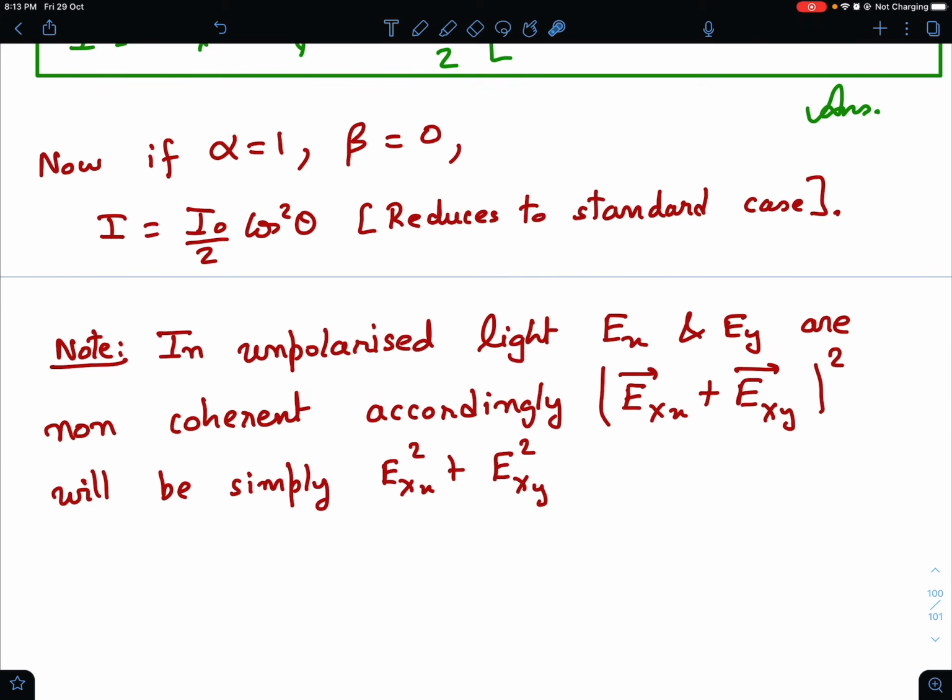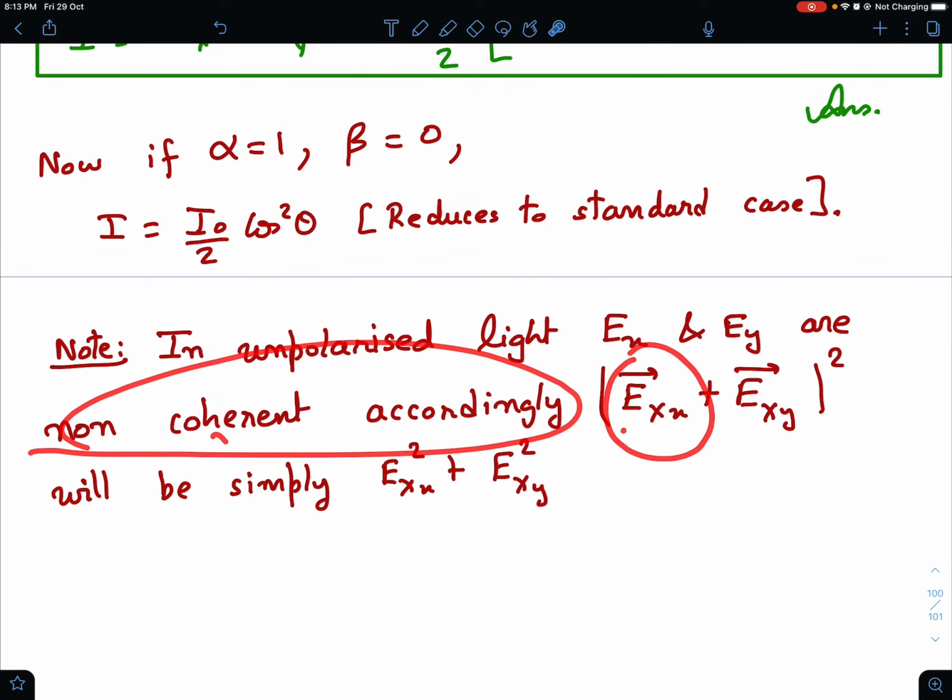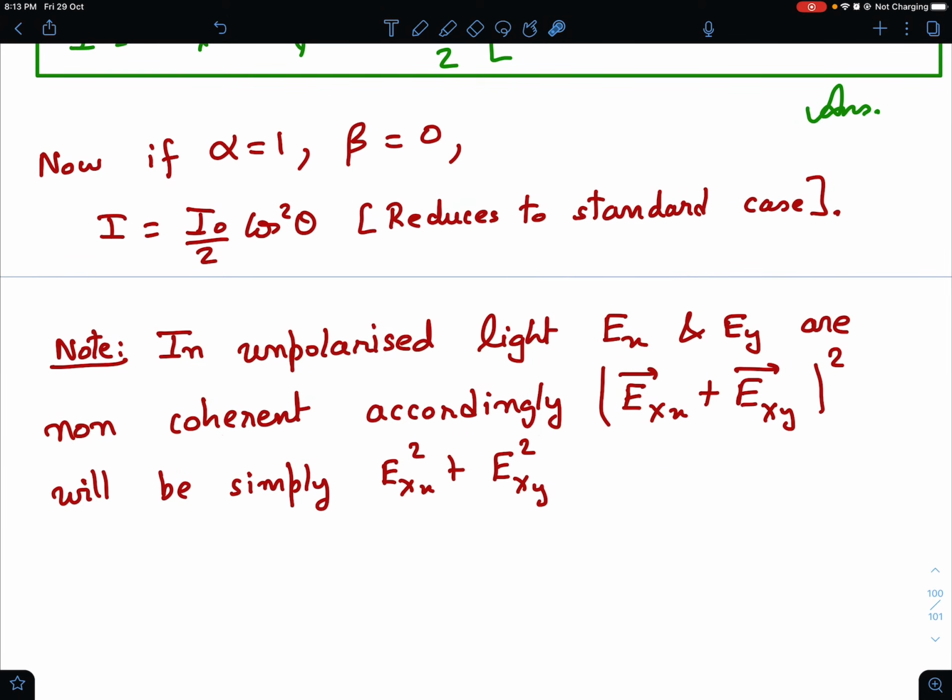Okay, so if you are going to use the electric field approach, please bear in mind that in unpolarized light, E small x and E small y are non-coherent, and accordingly, if you take the components E capital X small x, that is the component of electric field that's coming from small x and that gets transmitted to capital X, and then if you add them vectorially and take the square and you take the time average, this is simply going to be Exx square plus Exy square, and there will be no term 2 Exx Exy.